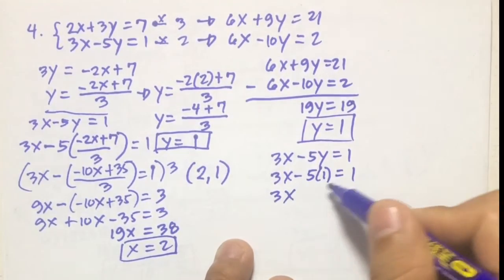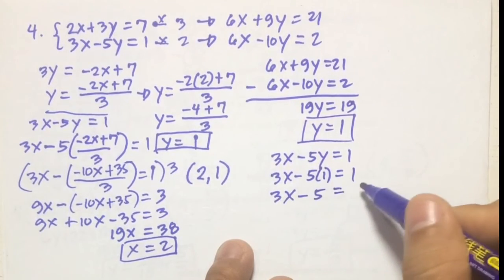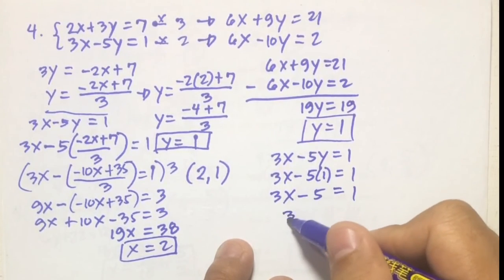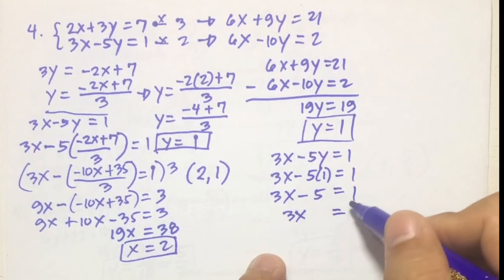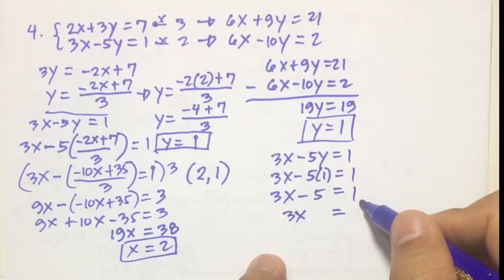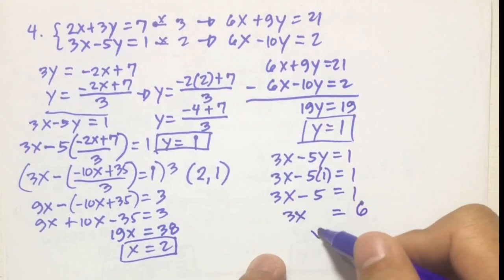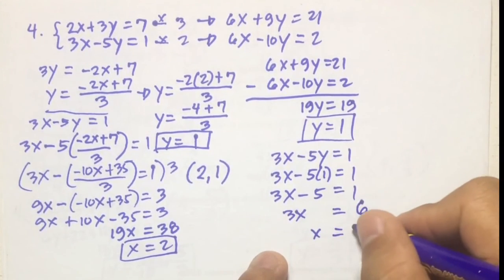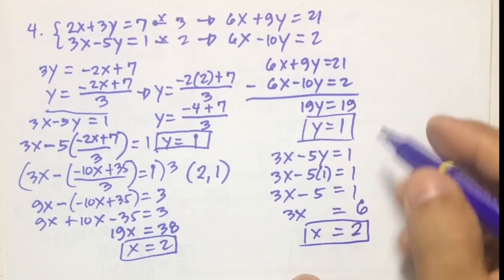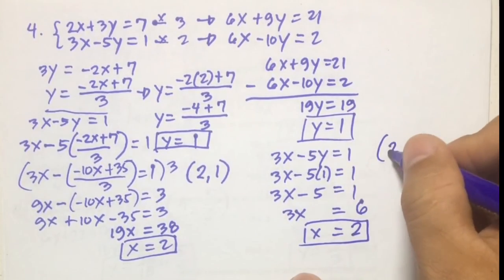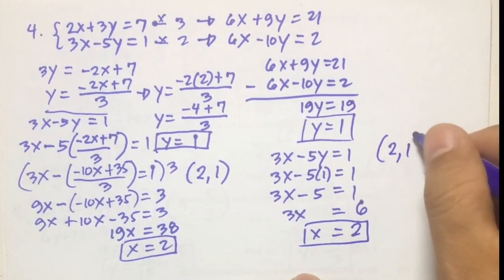So this is 3x minus 5 equals 1. Then transposing negative 5 to the right side, we're going to have 1 plus 5, so this is 6. So x here will be equal to 6 divided by 3, which is 2. So we have the same solution, the point 2, 1.